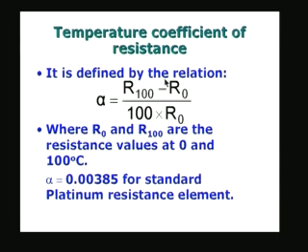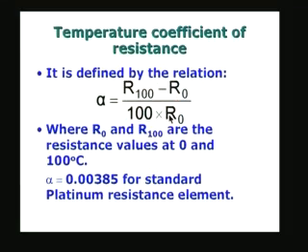It is defined by the following relation: R at the steam point, 100 degrees, minus R at the ice point, divided by the temperature difference, which is 100 minus 0, just 100, times R naught. R naught is the resistance at 0 degrees Celsius. So, this alpha is an important characteristic of the platinum resistance thermometer.